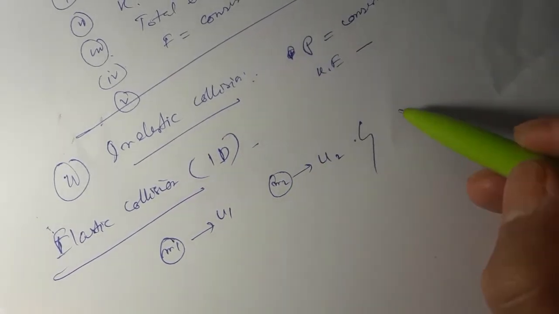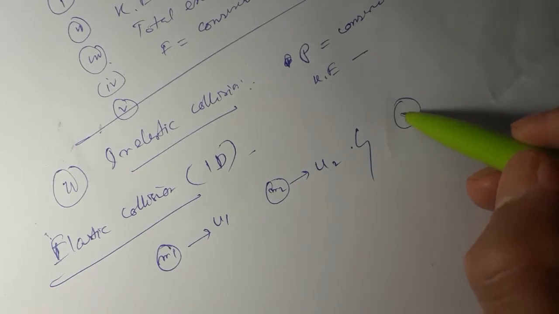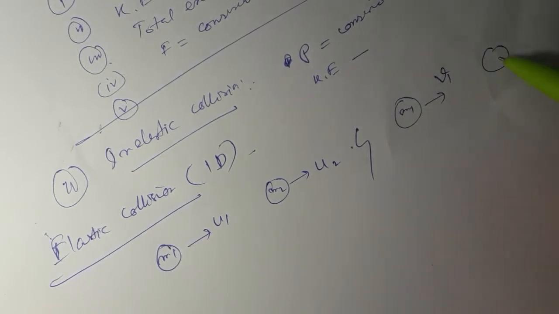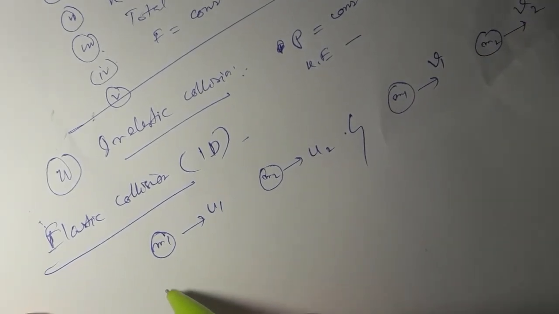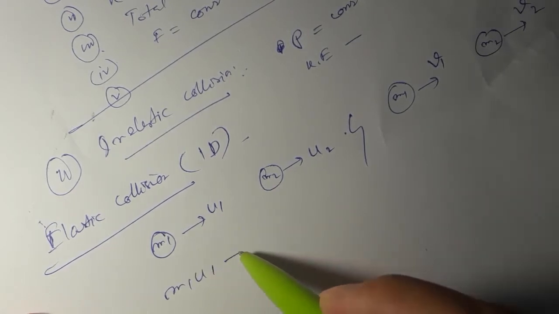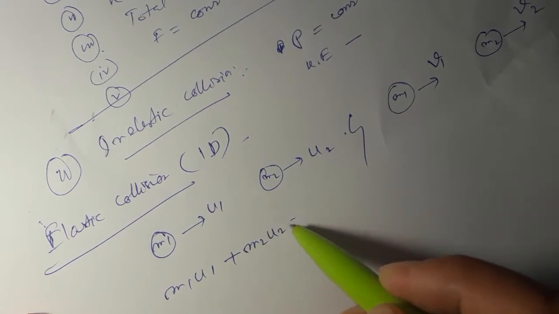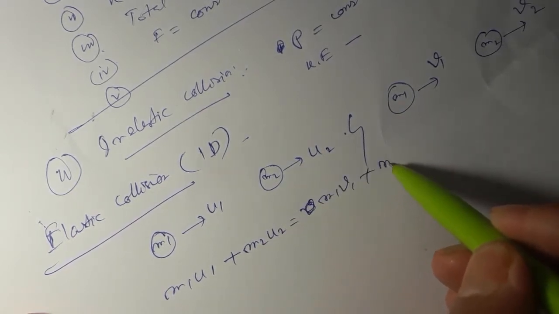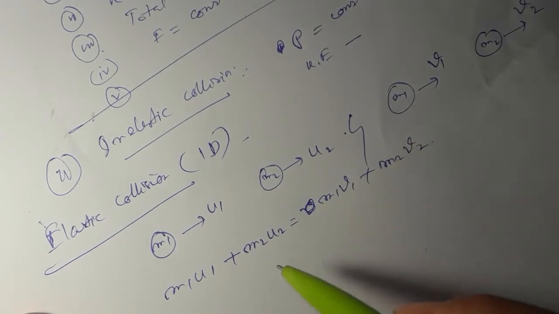After collision, the mass remains the same, m1, but the velocity changes to v1; for the second mass, the velocity changes to v2. Then from the law of conservation of linear momentum, m1 u1 plus m2 u2 is equal to m1 v1 plus m2 v2.